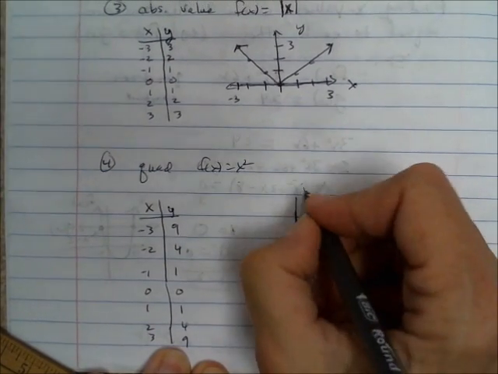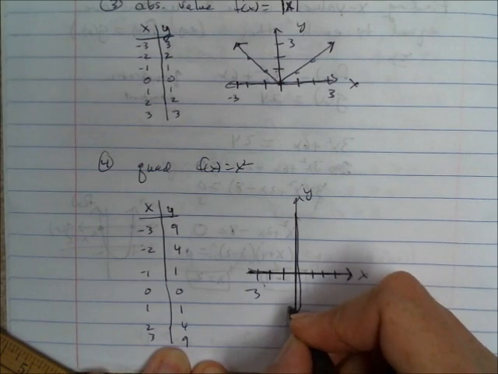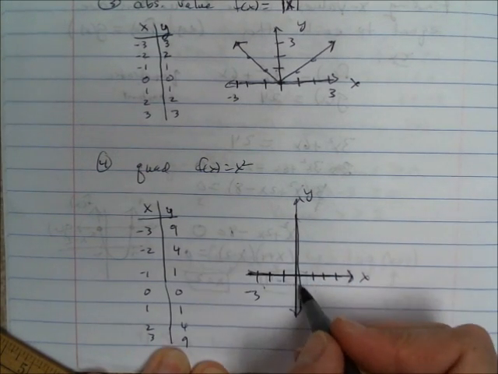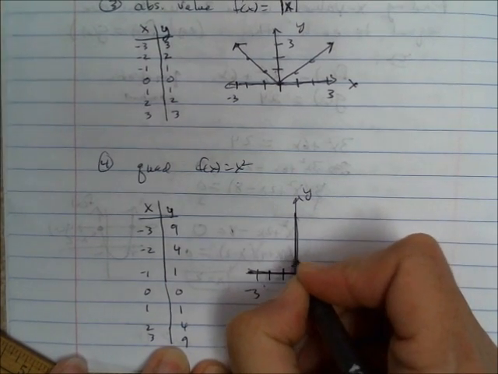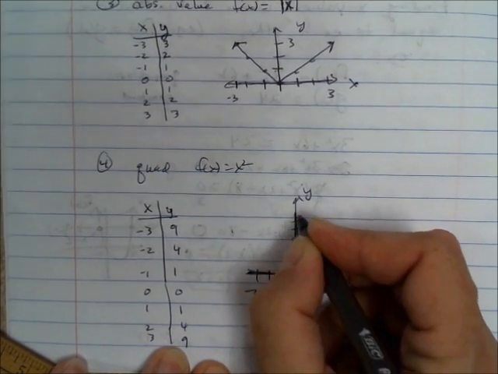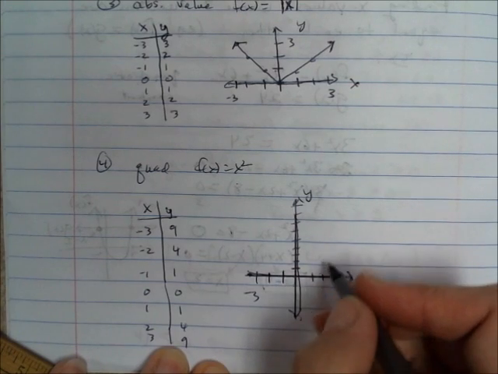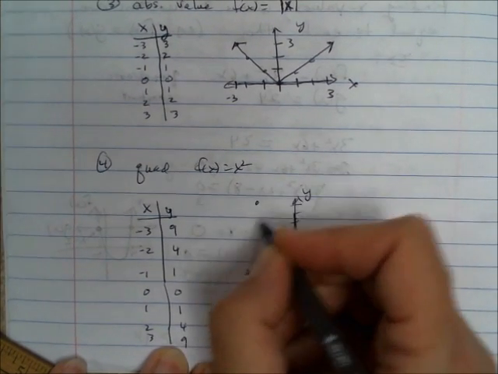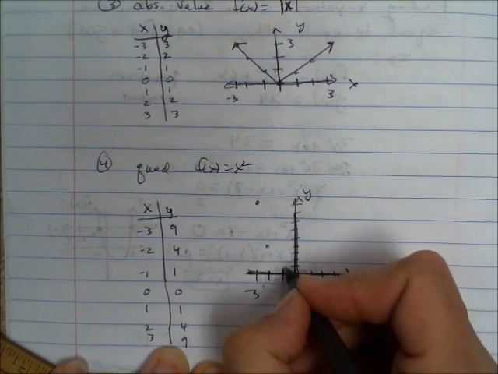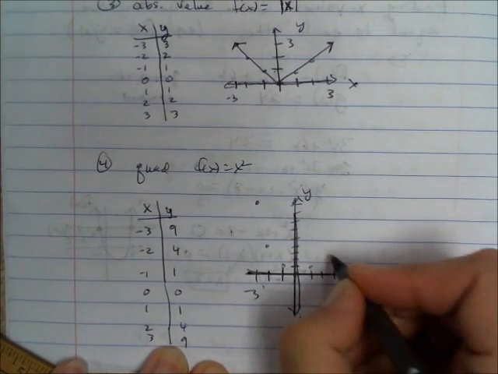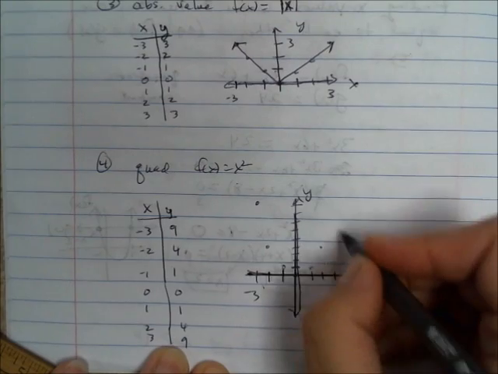On our y-axis, actually, we don't have any negative values, so we won't go underneath the x-axis, but we go up to 9. So 1, 2, 3, 4, 5, 6, 7, 8, 9 is the highest one on our chart. -3, 9, -2, 4, -1, 1, 0, 0, 1, 1, 2, 4, and 3, 9.